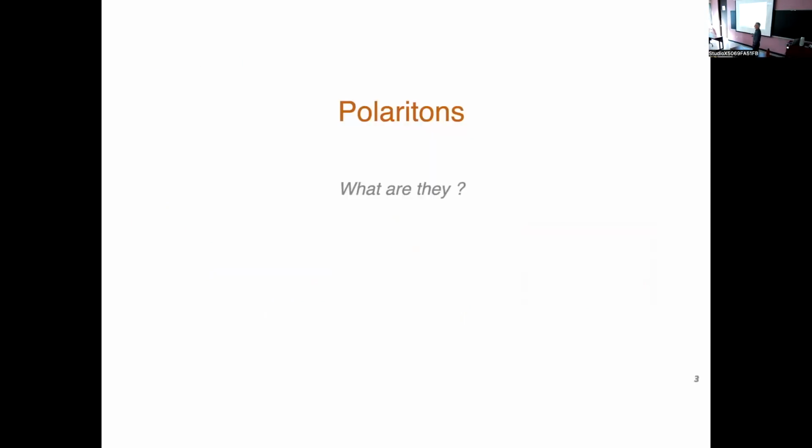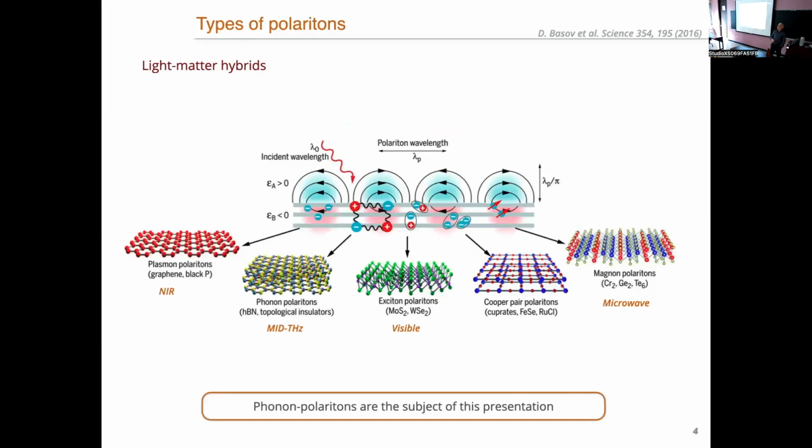Let's step back a little bit and talk about polaritons. You must have heard about these things, right? Because they've been extensively studied in the last decade or so. Now, whenever you have a solid, you can have a very large number of excitations in it. Many of these excitations will be polar in nature. Let's take, for instance, an exciton, which is an electron and a hole forming together this exciton.